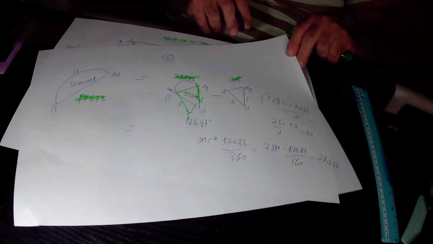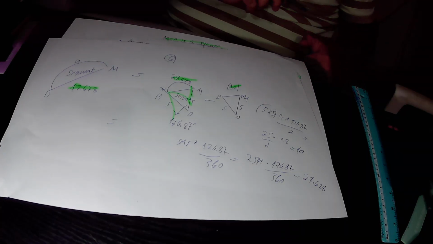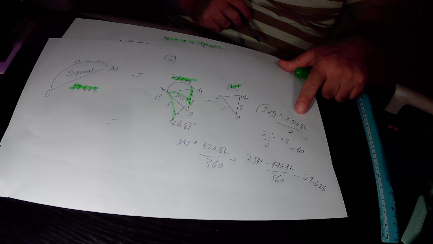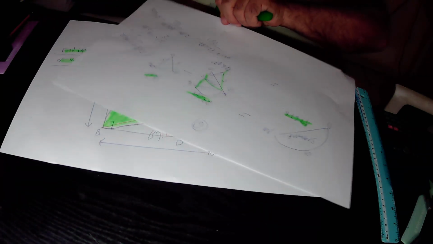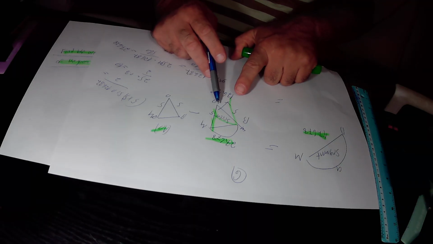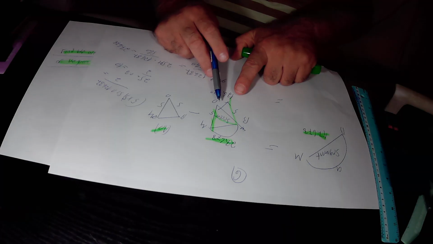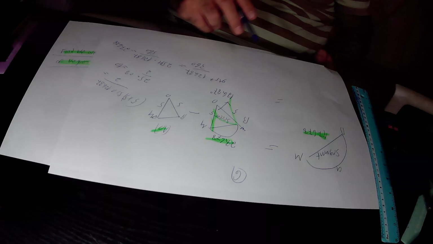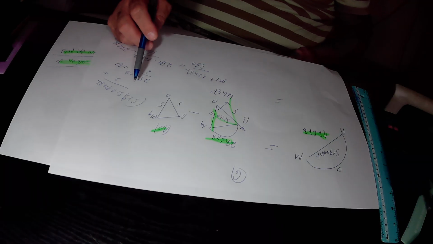That is 53.15 divided by 360 degrees. Actually, the angle between the legs of the sector is 126.87 degrees. So for the triangle, it is one half r squared sine of the angle.